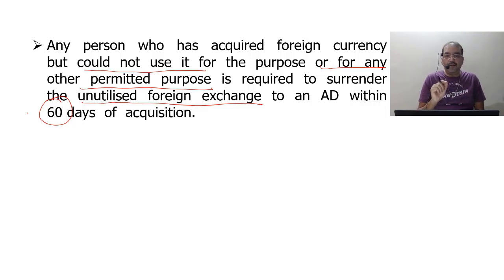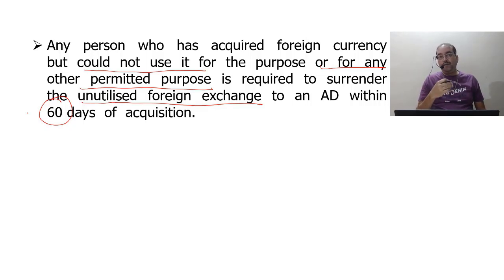That should be returned to the authorized dealers within 90 days from the date of returning back to India. How many days? 90 days. Provided, there is a condition, provided it is in the form of currency notes and coins.